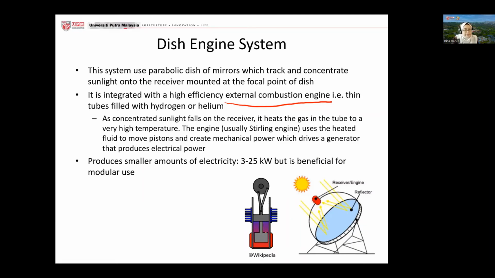Here, the tubes are filled with a gas, usually either hydrogen or helium. As it receives the heat from the sun, imagine you have a closed system with gas inside, and you heat it up. What's going to happen?